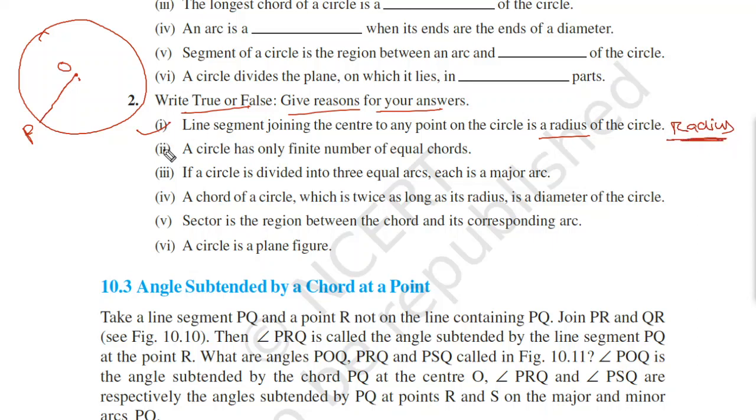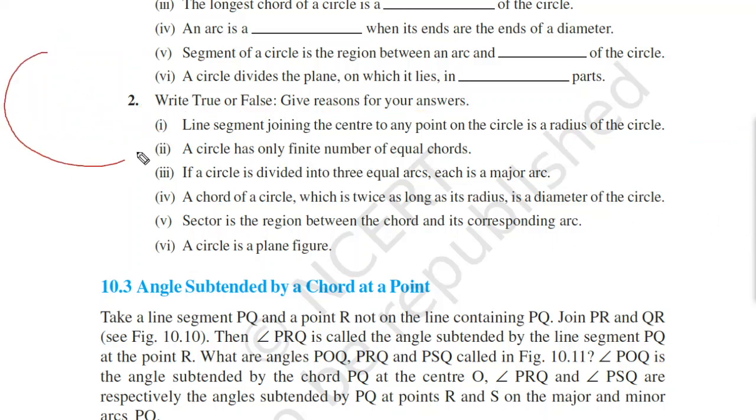Now II. A circle has only a finite number of equal chords. So we'll draw a circle again. Now I have drawn a circle.